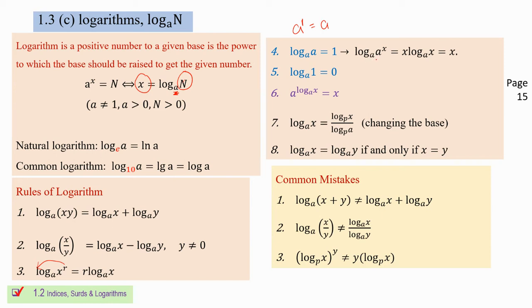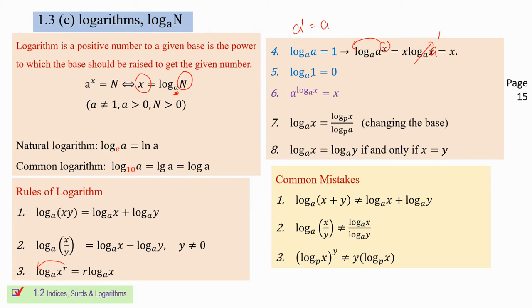When you have log a of a to the power of x, by using property 3, we can bring the x to the front, so I have x log a a. This becomes 1, so I have x, equals x.